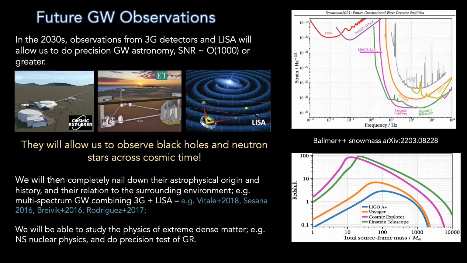And we are going to be able to do really precision astronomy with that. We are going to have a much greater sensitivity. In fact, the signal to noise ratio is of the order of 1,000 or greater, and we'll be able to observe with this new observatory all the black holes in the universe, essentially, and neutron stars across cosmic time.